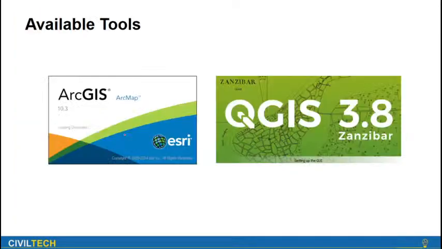So let us look at the available tools to perform these experiments we have seen. There are multiple research topics we have seen on which you can definitely work, but you need to know the basics of the software. There are two softwares which are widely used: ArcGIS and QGIS. ArcGIS is a commercial software, so you need to buy it, right?